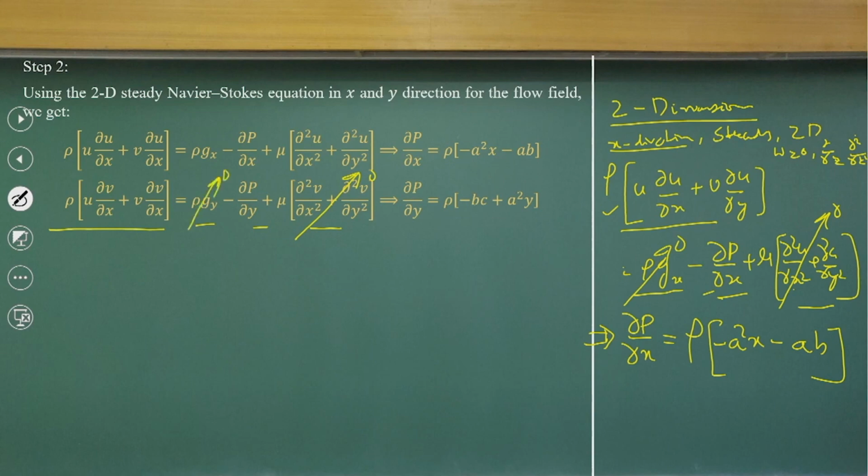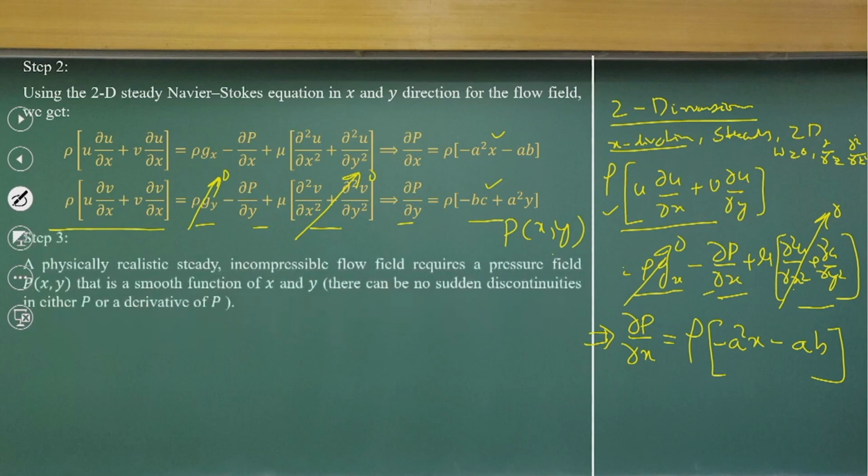So again you will get a partial derivative of the pressure field, this time with respect to y. From these functions we have to derive p of x, y, the pressure field, that is what you are looking for. Here we do very simple calculations, with integrations, finding the integration constants, and substitution methods, what we generally do in mathematics.